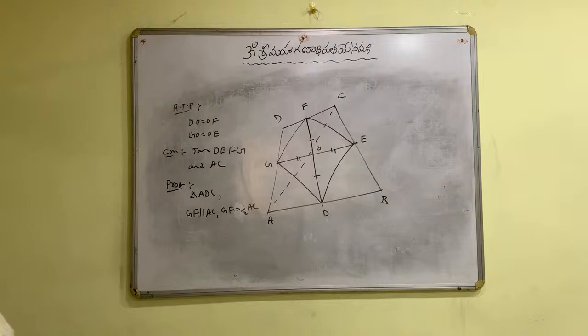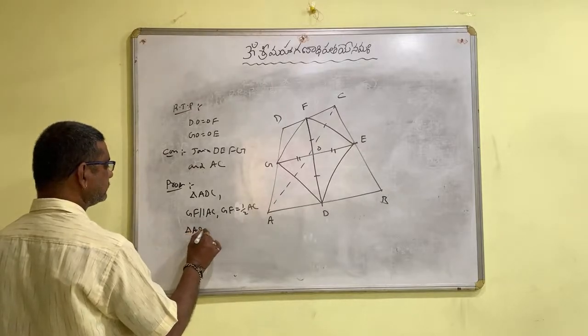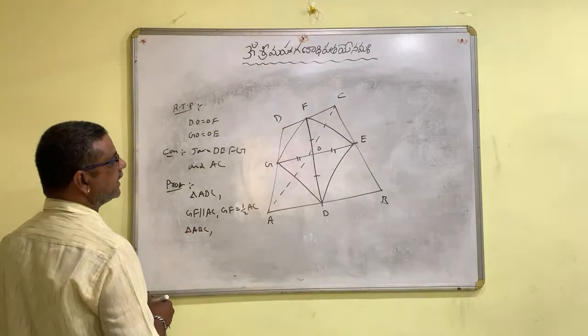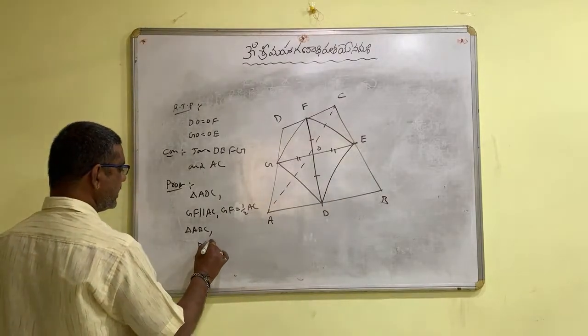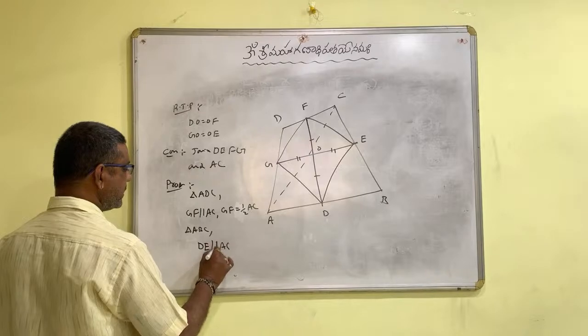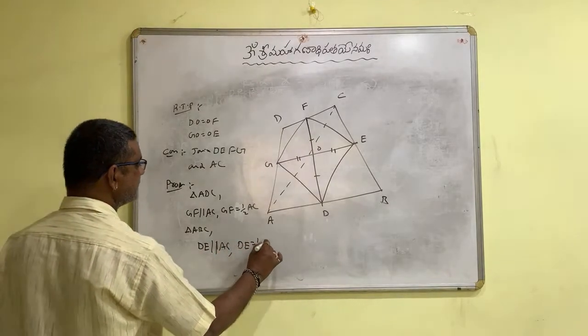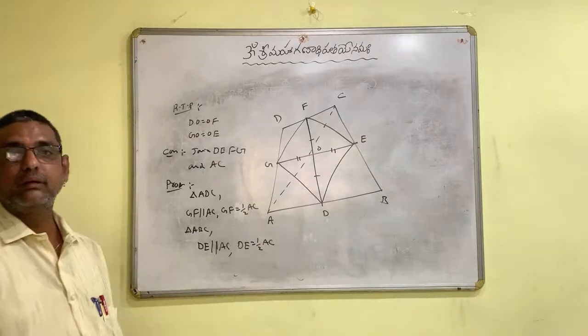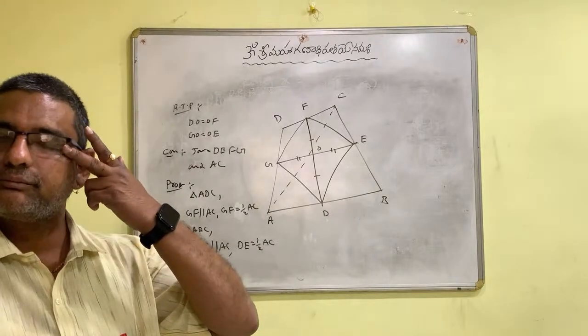The line segment joining the midpoints is parallel to the third side and half of the third side. Now, consider triangle ABC. By midpoint theorem, DE is parallel to AC. DE is equal to half AC.